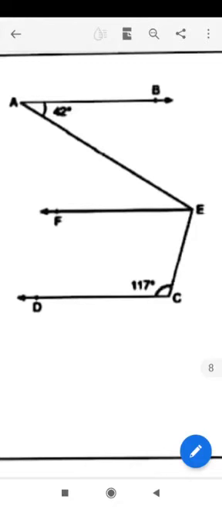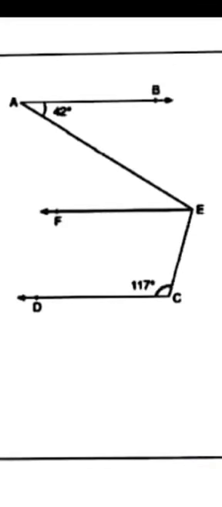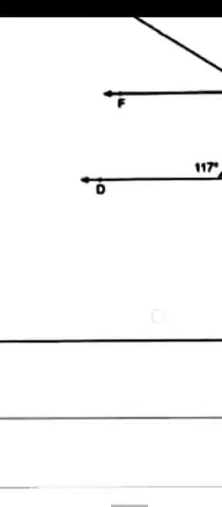Then the measure of angle FEC equals 180 minus 117, which equals 63. Now we have angles AEF equal to 42 degrees and FEC equal to 63. Now the measure of angle AEC equals 42 plus 63, which equals 105 degrees.